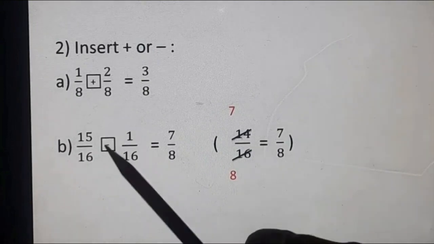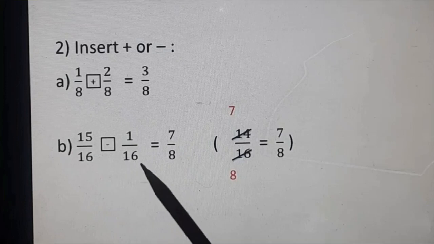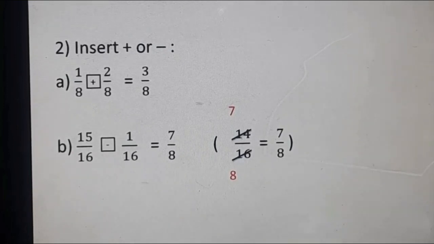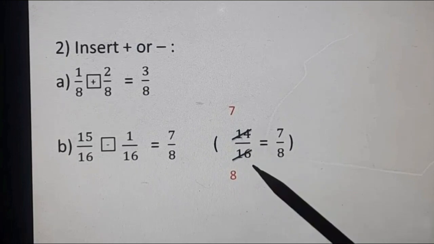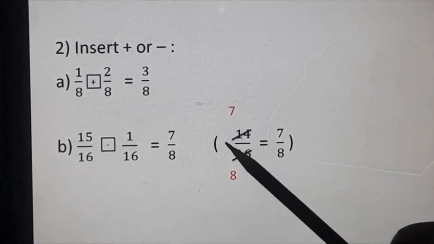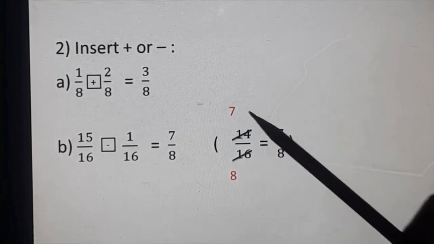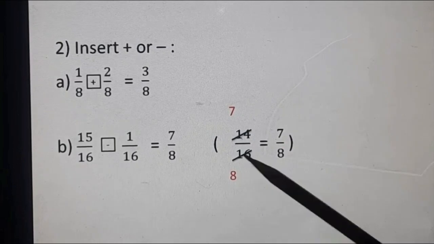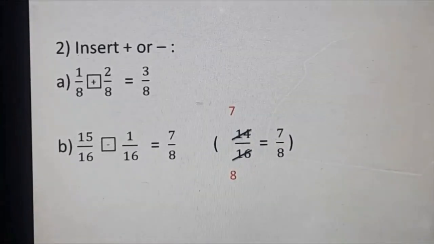So when we are inserting minus sign, 15 minus 1, because denominators are same, we will subtract numerators only. 15 minus 1, 14. 14 upon 16. 14 and 16 both are divisible by 2. So when we divide with 2, we will get 7 here and 16 divided by 2, 8. So it is converted into 7 upon 8. So we will insert minus sign here. Clear?